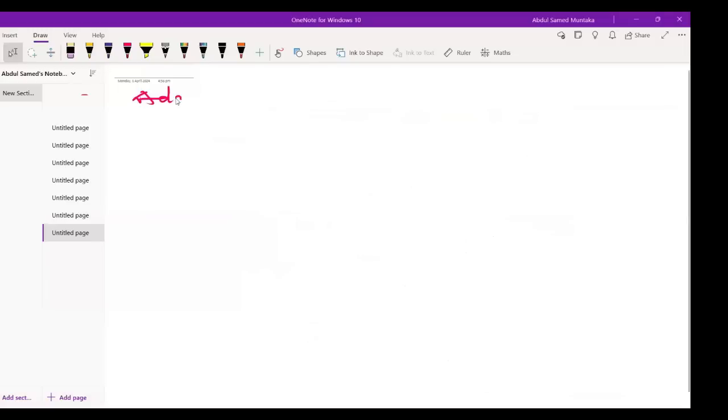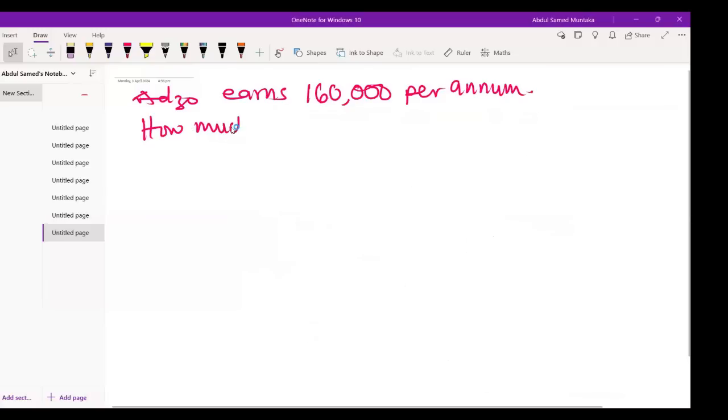Ajo earns 160,000 per annum. How much tax does she pay per month?